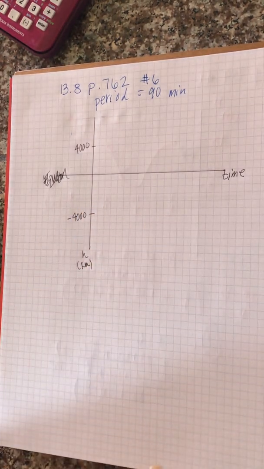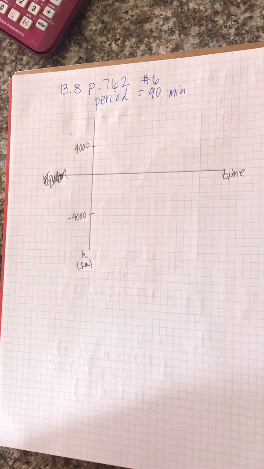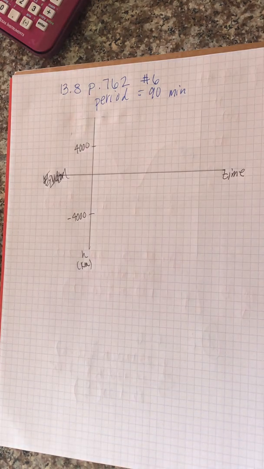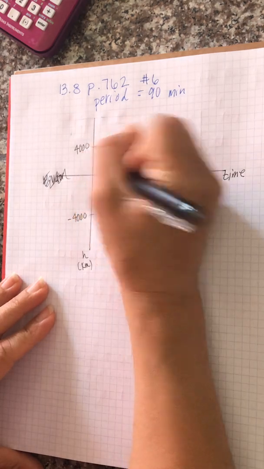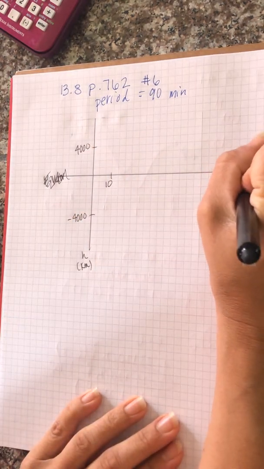Label your axes. I was pretty strict about that on previous word problems, and I'm going to be just as strict in these word problems. Where are we starting? 10 minutes. This is time in minutes.